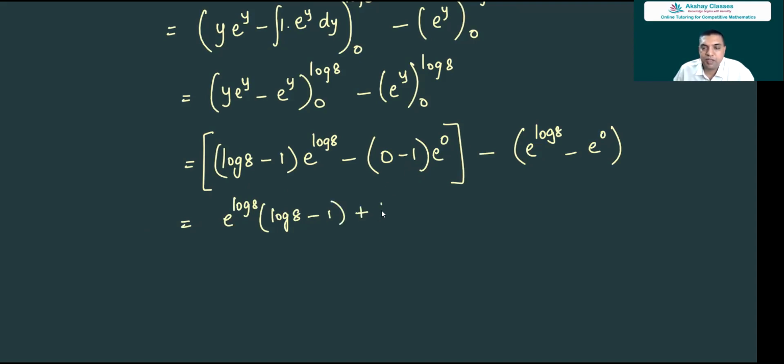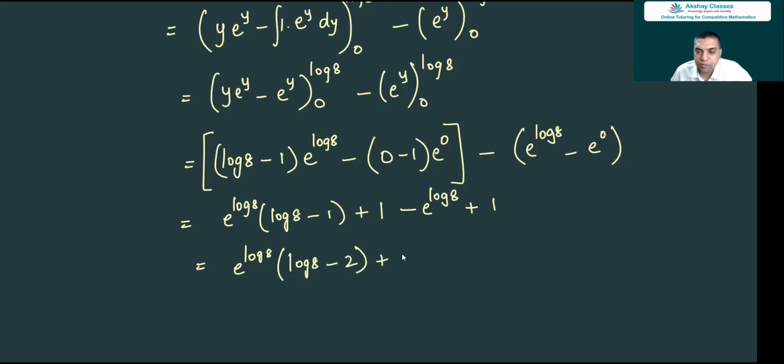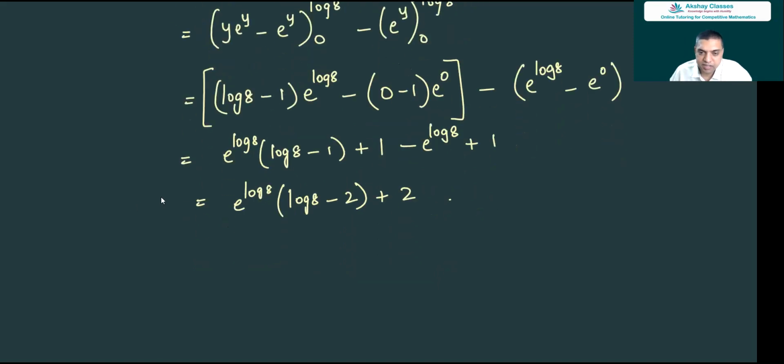This is 1, so this is plus 1. Then minus e power log 8 plus 1. So we get e power log 8 into log 8 minus 1 minus 1, so minus 2 plus 2. Now e power log 8 is equal to 8. So 8 log 8 minus 8 to 16 plus 2.